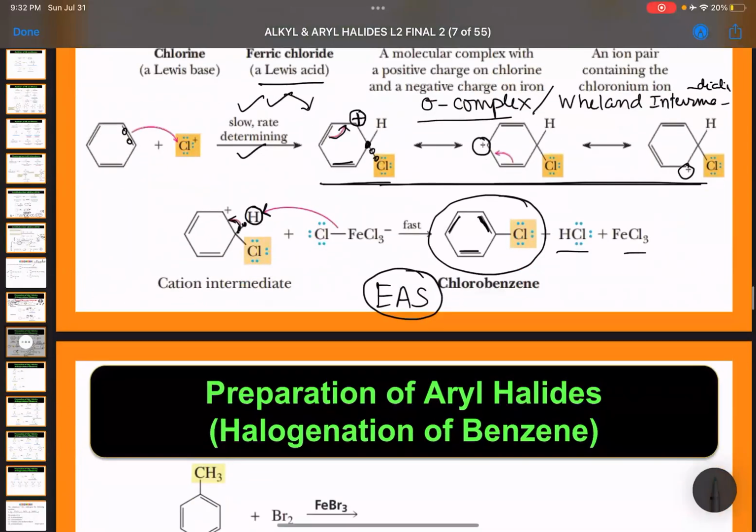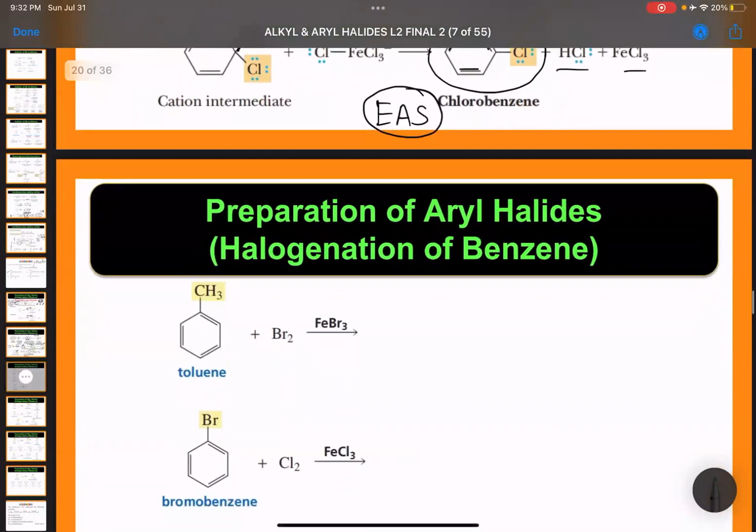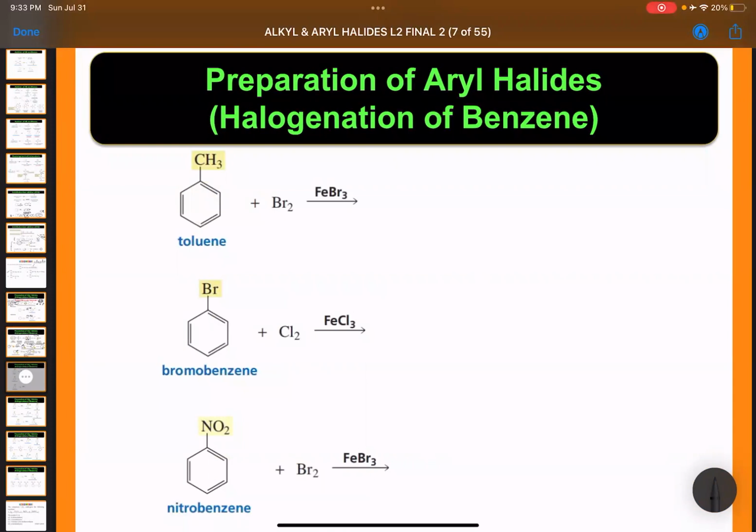Okay. Now the question is, you will not always get benzene. You may get substituted benzenes also. Suppose I give you benzene and ask you to do its chlorination, and ask how many different chlorobenzenes will form, you will say only one.